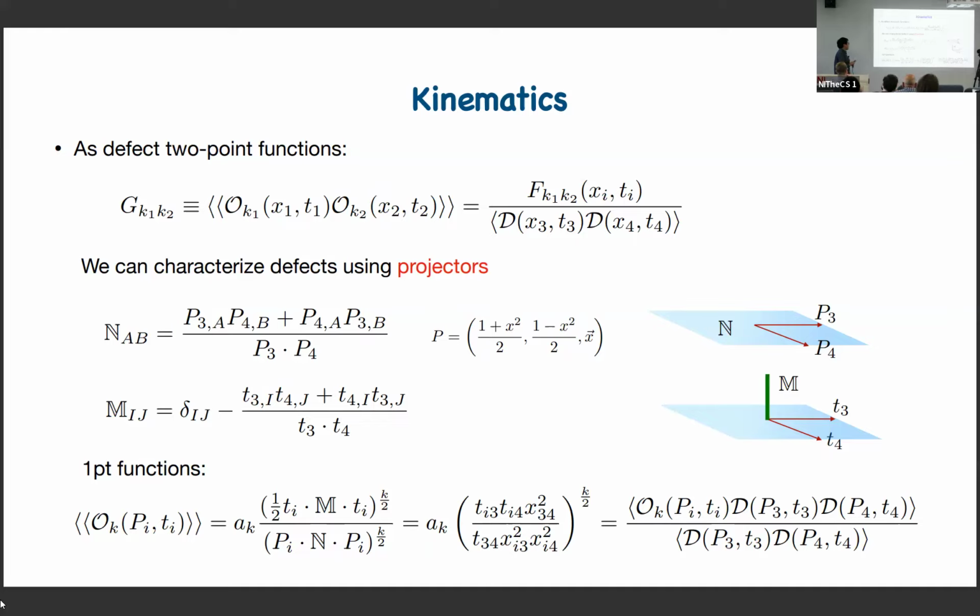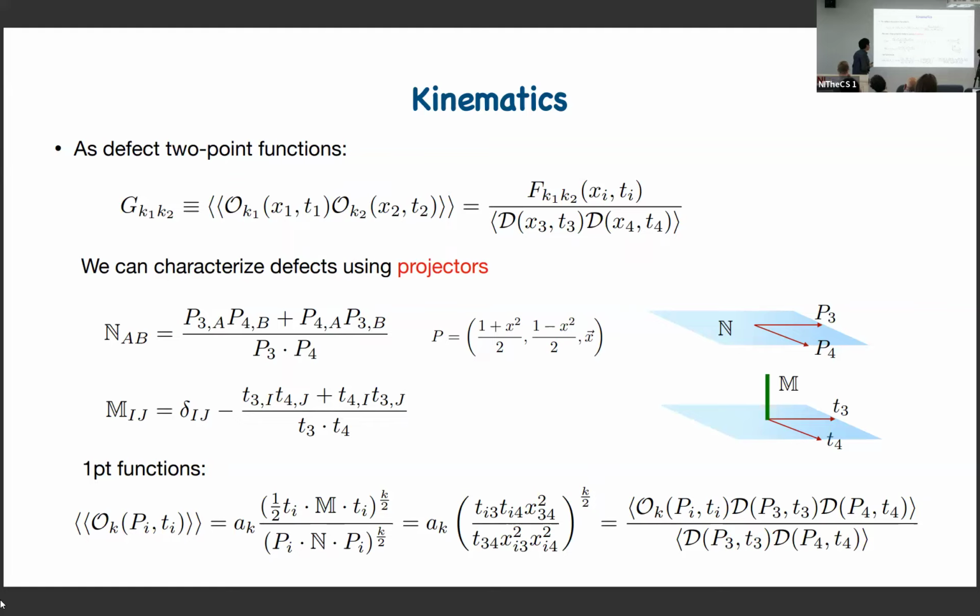But there's an equivalent but more convenient language to describe these defects using projectors. To define them, we again go to the embedding space. So x is the coordinates of R^D, and we add 2 more dimensions to make it an embedding space vector P, and you can check for yourself, it is actually a null vector, okay?